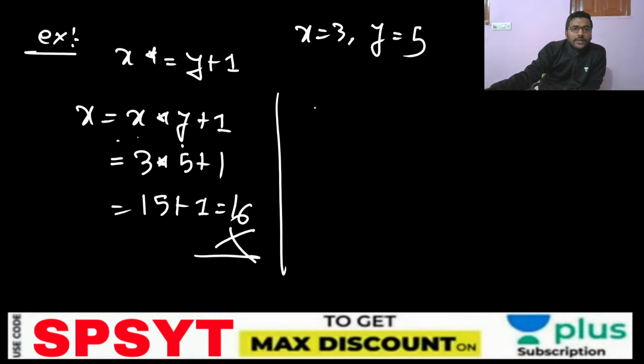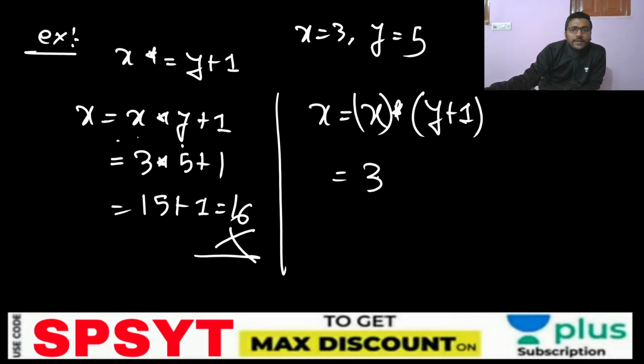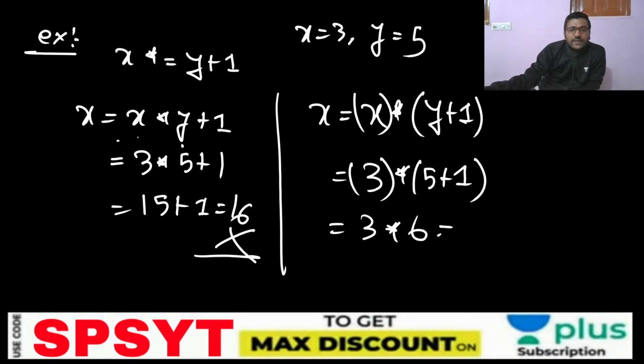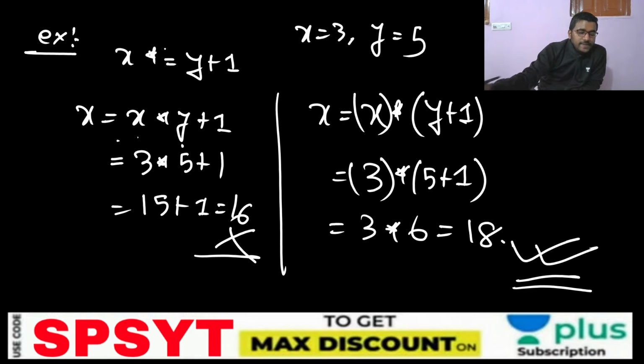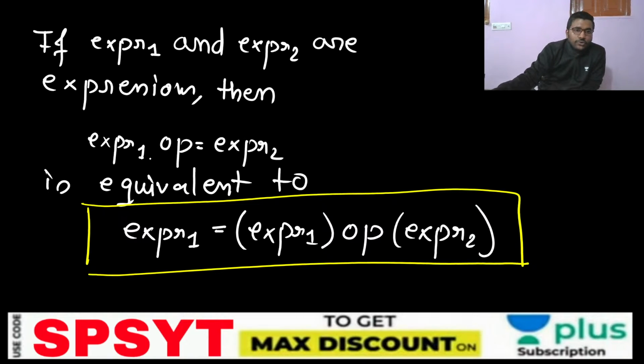It should be executed as x equal to x into, in brackets, y plus 1. 3 into, in brackets, 5 plus 1, which is 3 into 6, which is 18. That is the correct one. So you should know that expression 1 operator equal to expression 2 should execute like this.